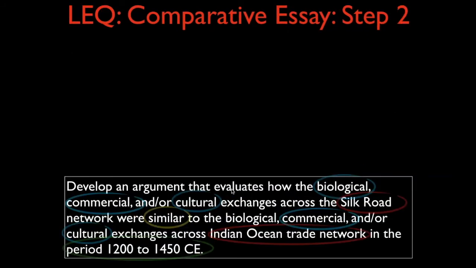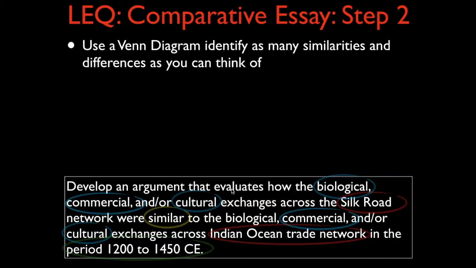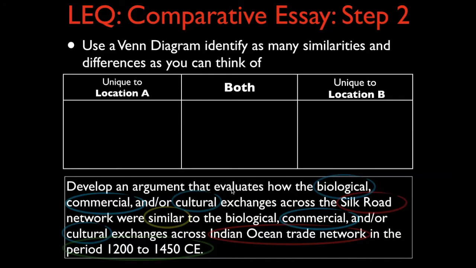So the next step, once you've broken down that prompt, you've identified the critical words, if you've identified it as a comparison essay, either asking you to analyze the similarities between 2 things or maybe the differences between 2 things, the next thing you want to do is to create a Venn diagram and identify as many similarities and differences as you can think of. The Venn diagram might look something like this, a very simple thing on your page with 3 boxes.